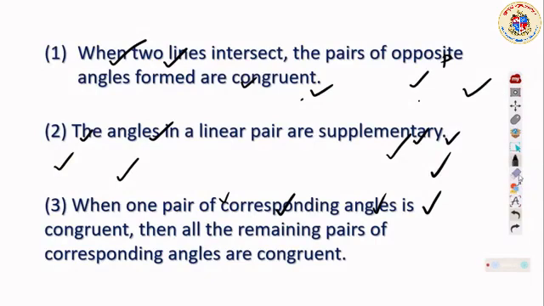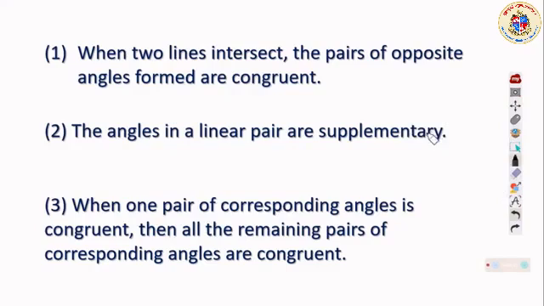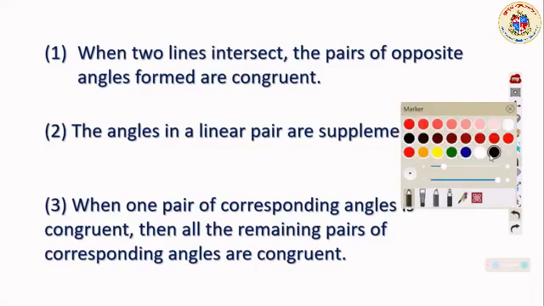Now, when two lines intersect, the pairs of opposite angles formed are congruent. This particular thing you studied in your previous year, as the vertically opposite angles formed by two intersecting lines are congruent.